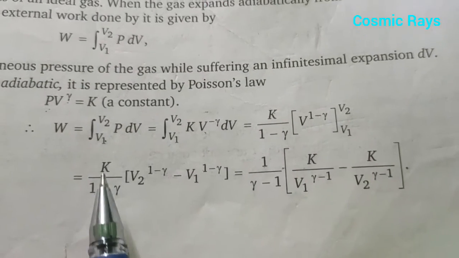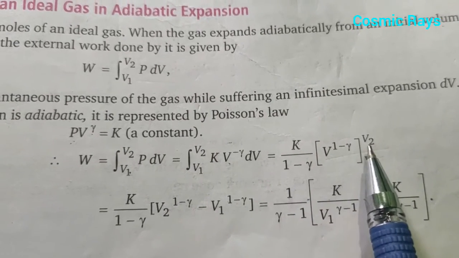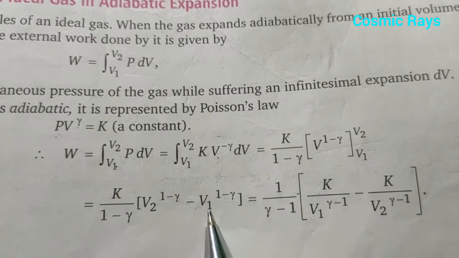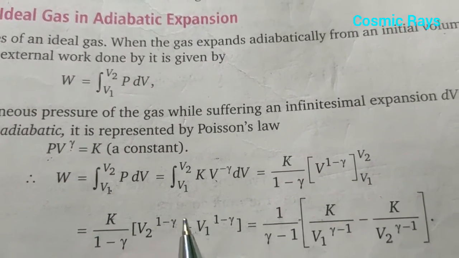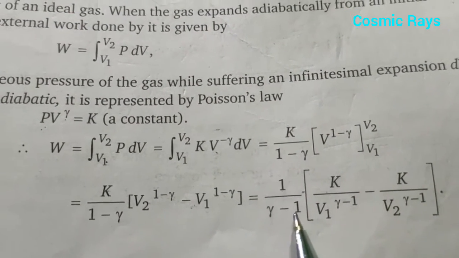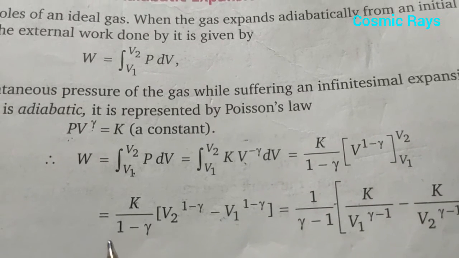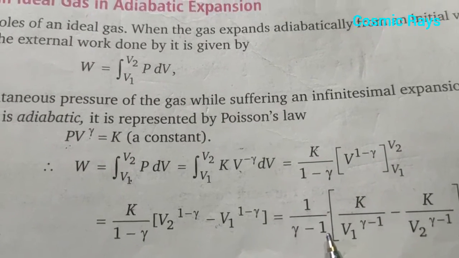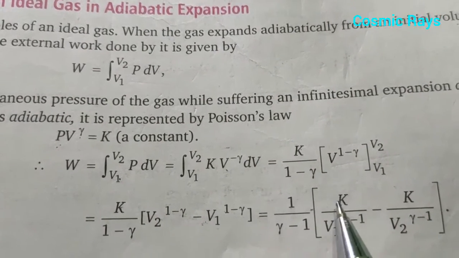So we have K by 1 minus gamma. In this term, first we have substituted the upper limit, so V becomes V2 to the power 1 minus gamma, minus the lower limit, that is V1 to the power 1 minus gamma. Now K is multiplied inside, and what they have done here is they have taken minus common. Once they take minus common, 1 minus gamma now becomes gamma minus 1. That minus will be here.